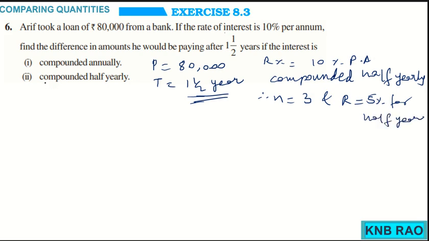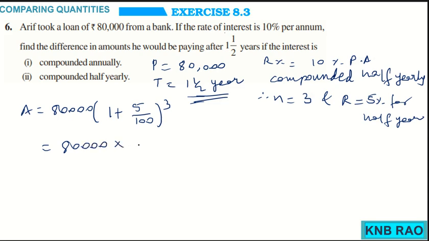So we use this now. Amount equals 80,000 into 1 plus 5 by 100 raised to the power 3. That means 80,000 into 105 multiplied by itself 3 times by 100 multiplied by itself 3 times. So these 4 zeros will cancel with these 4 zeros.